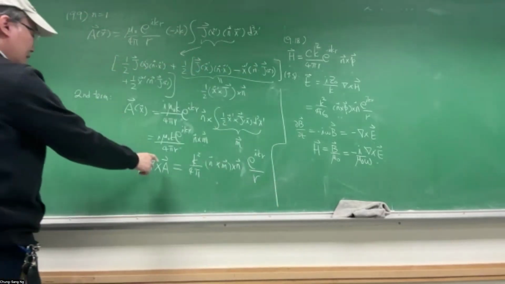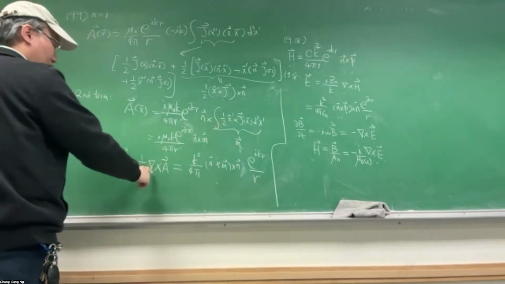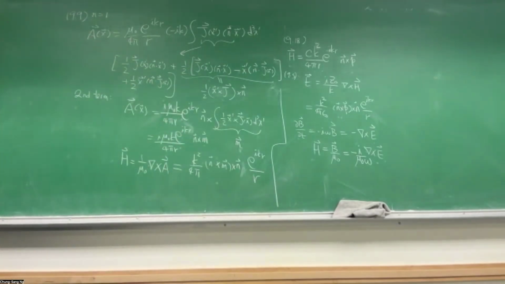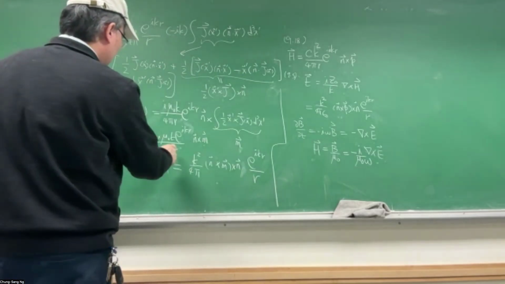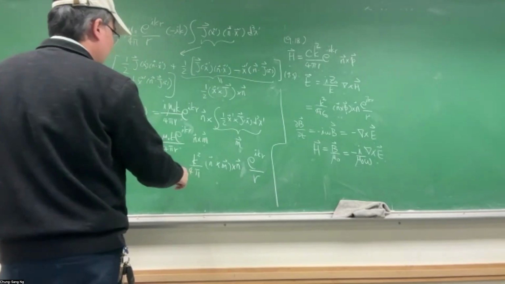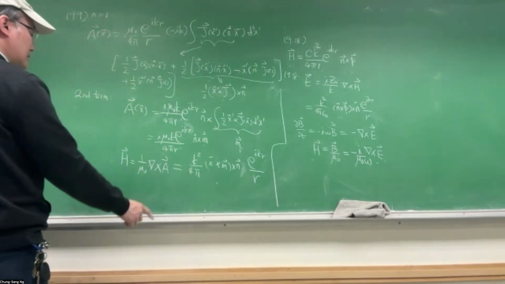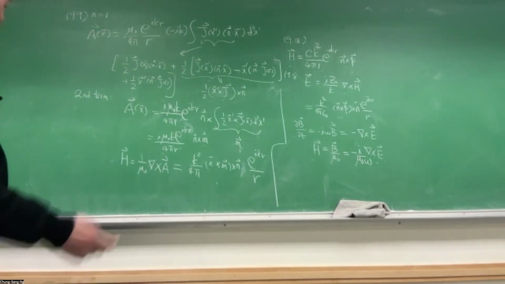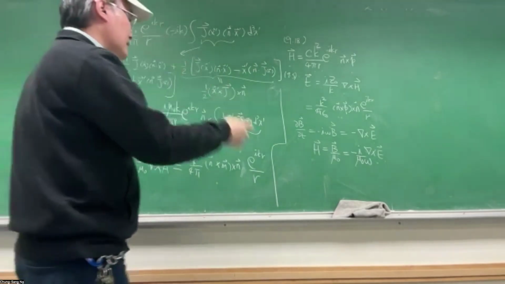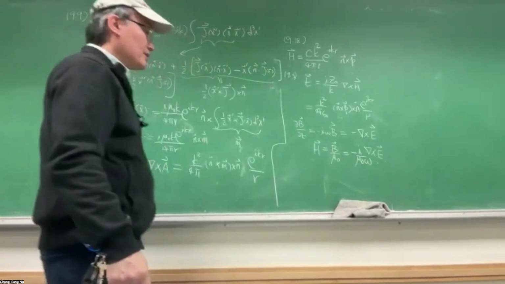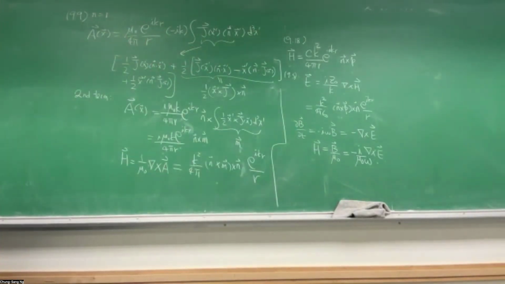There are reasons for that, because they are equal up to a gradient function. But in this case, because the divergence of A is 0, you can check that, and also the divergence of E should be 0 because there's no charge in the radiation zone.